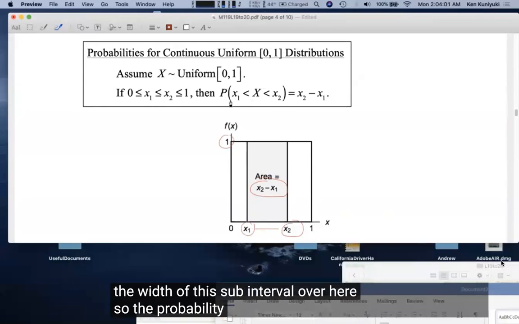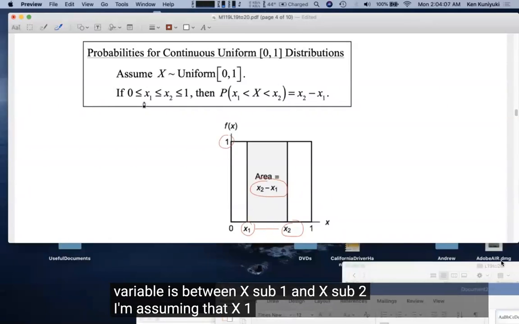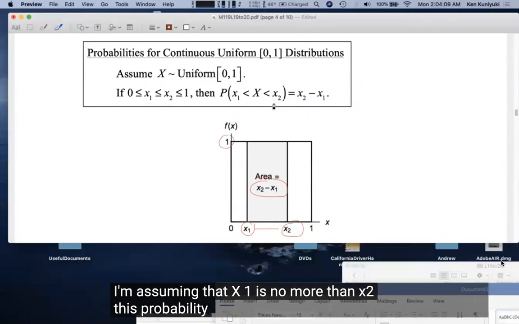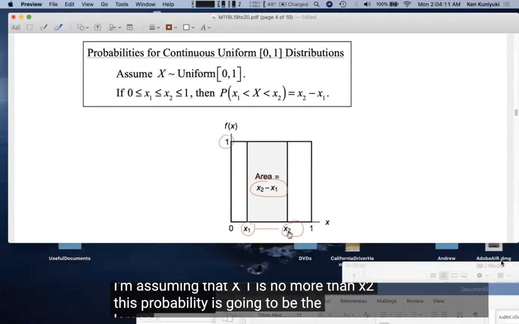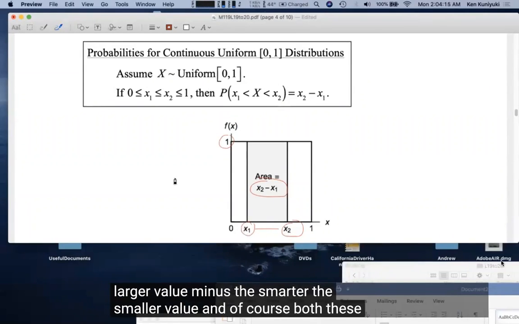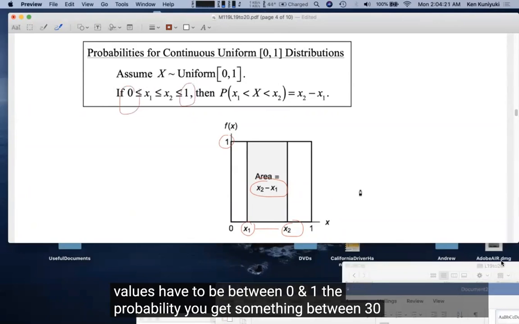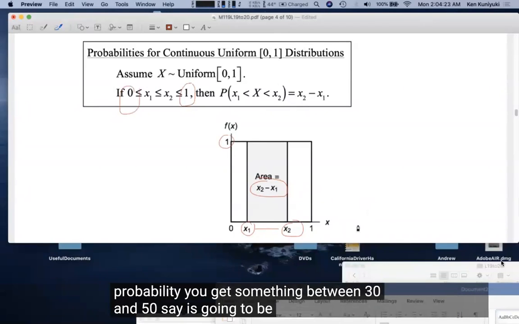So the probability that this random variable is between x sub 1 and x sub 2, I'm assuming that x1 is no more than x2, is going to be the larger value minus the smaller value. And of course, both these values have to be between 0 and 1. The probability you get something between 30 and 50, say, is going to be 0. There's nothing out here, really.